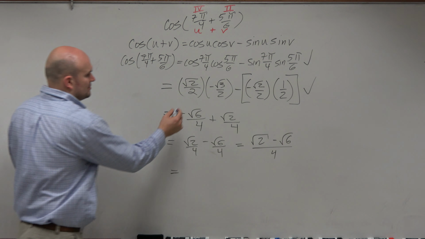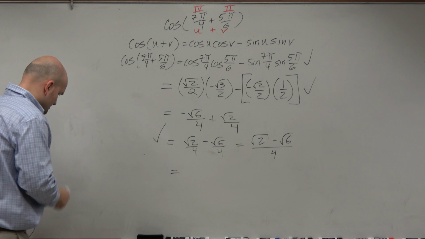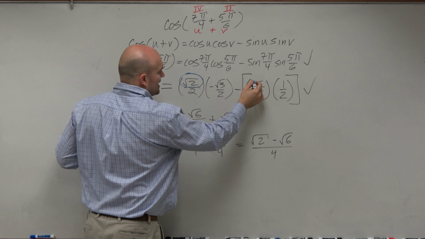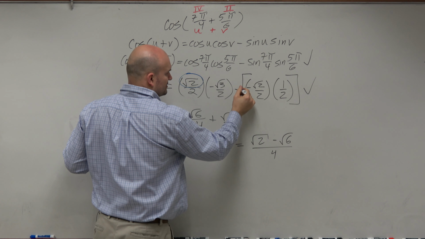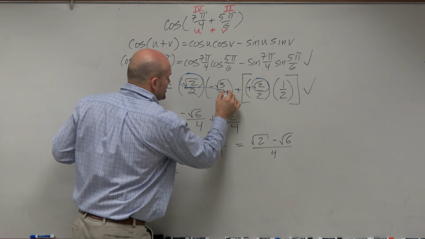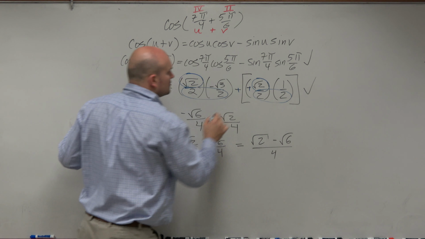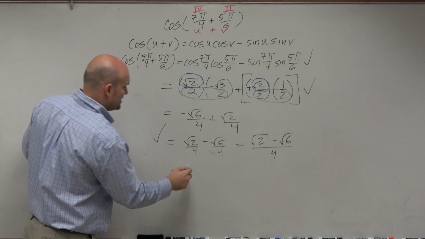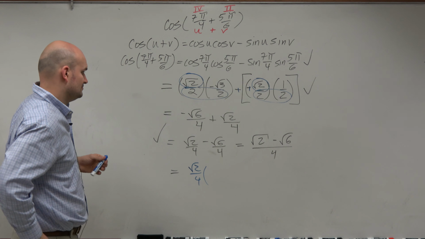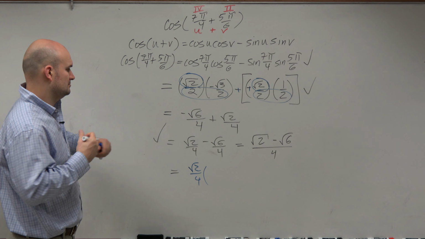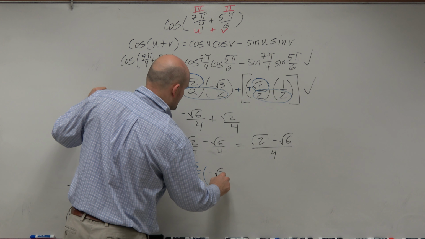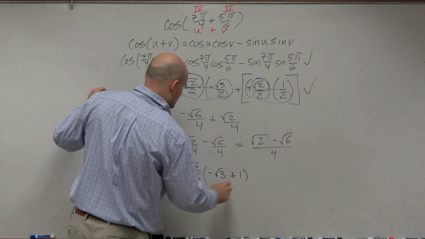Do you guys see how these both have a common? So we have, let's use that one. Now that's a positive, right? So it turns positive. Do you see how they both have a square root of 2? Mm-hmm. Do you see how they both share a 4? So if you factor out a square root of 2 over 4, you are going to be left with a negative square root of 3 plus 1.